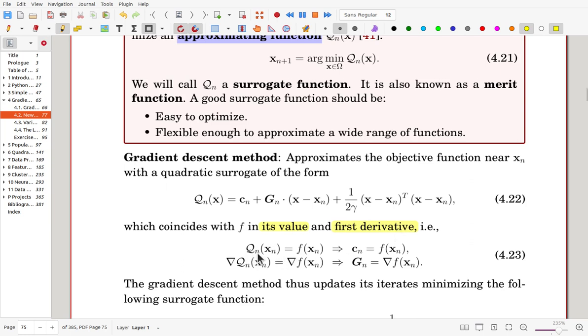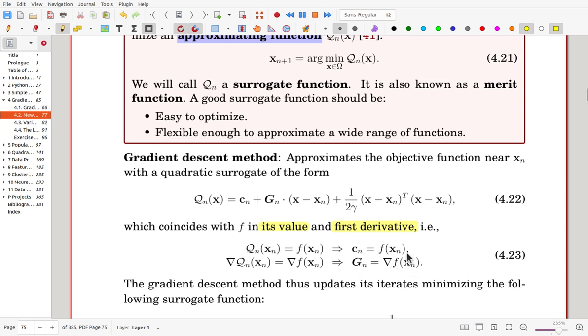So here now, qn at xn and f of xn are the same, which means that once x is xn, this term will disappear, so that cn must be f of xn. Now, after taking the gradient of qn and putting in xn, this term will disappear and this constant will disappear. The only remaining part is gn, so gn must be the gradient of f at xn.